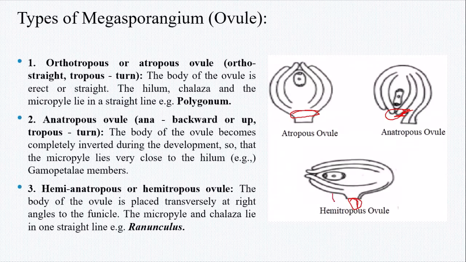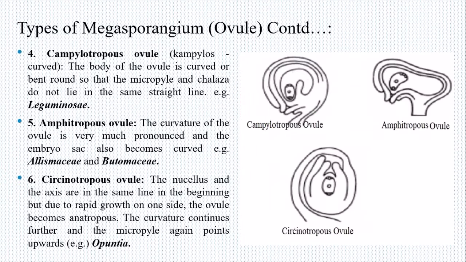So you will see that this will be a 90-degree angle. It is very important to note that the funicle and the body of the ovule make a right angle in this type of ovule. And also note that the micropyle and the chalaza are found in a straight line in such type of ovules. This is the ovule found in Ranunculus, for example.